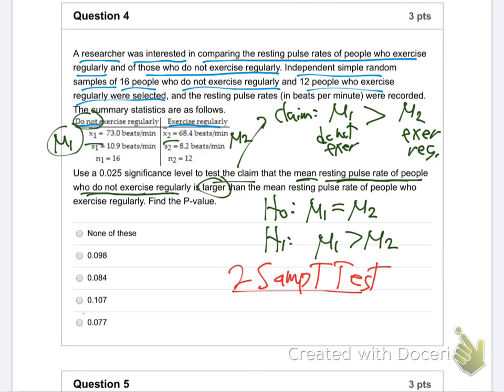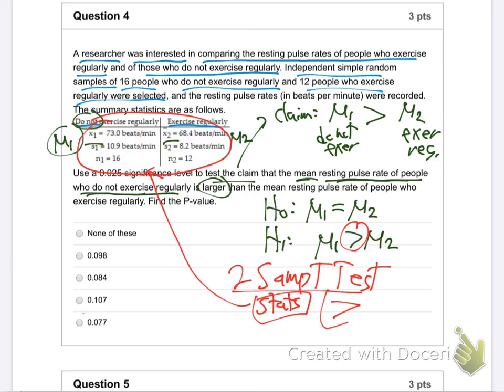I'm going to choose stats, because we don't have data, we have stats. Put those in. X1 is 73, S1 is 10.9, N1 is 16, X2 is 68.4, S2 is 8.2, and N2 is 12. And this is a greater than problem.